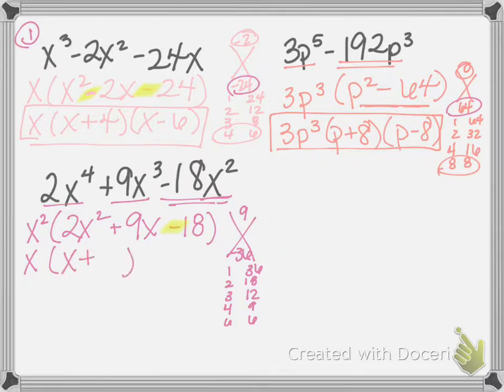So one's going to be positive, one's going to be negative. And it tells me that my biggest number has to go with the positive sign. So I can put a little underlining here, or you can put a little star or something to help you remember the bigger number has to go there.